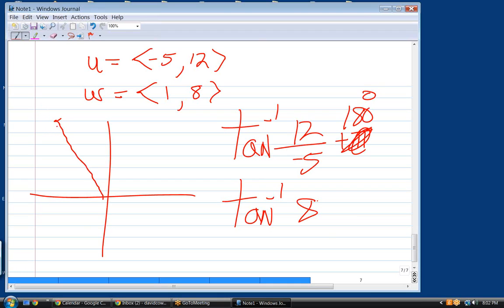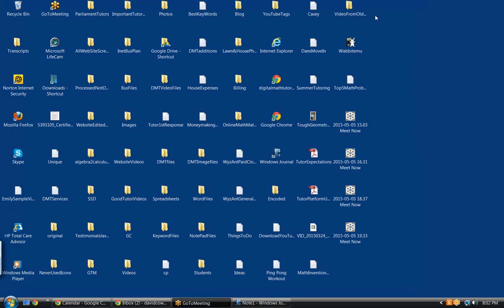So inverse tangent of -12/5. It's going to give you a negative angle. Well, I got a positive angle, so I don't know if I put it in right. Oh, should I keep the plus 180 in the parentheses? I don't know. Here, let me bring up my calculator.